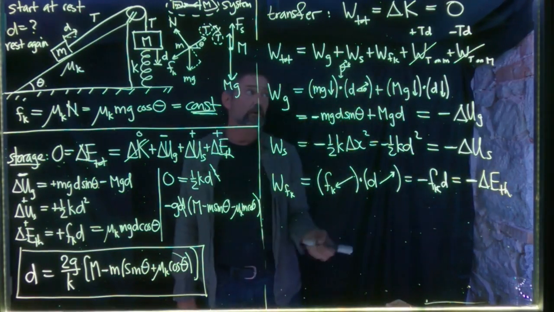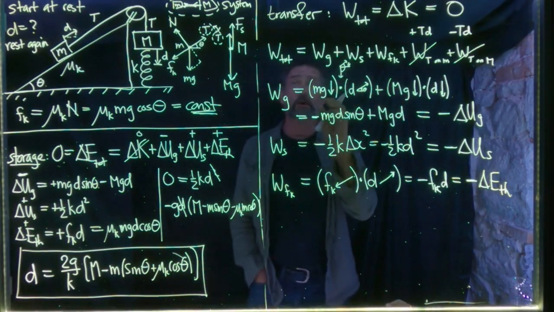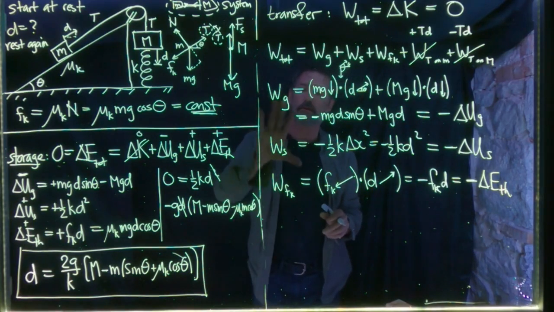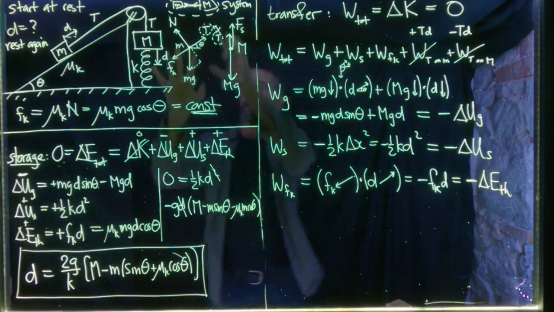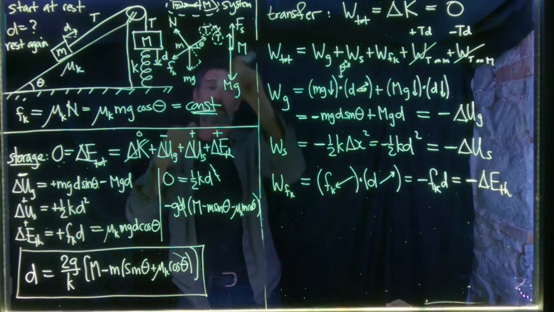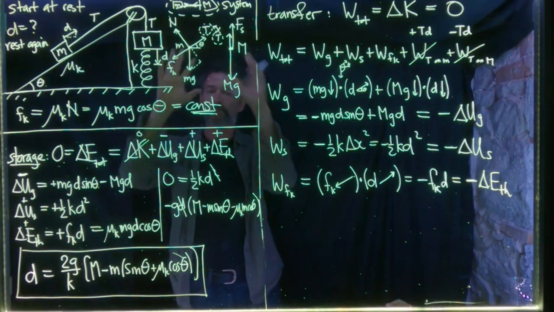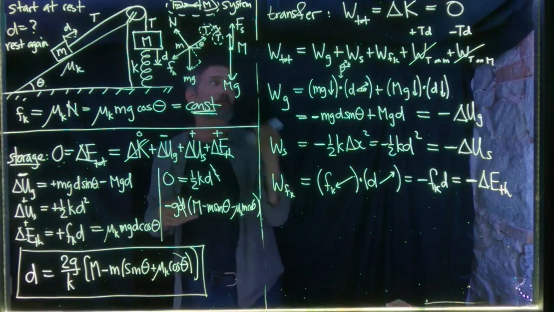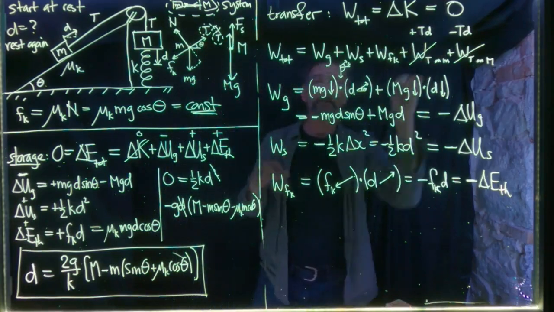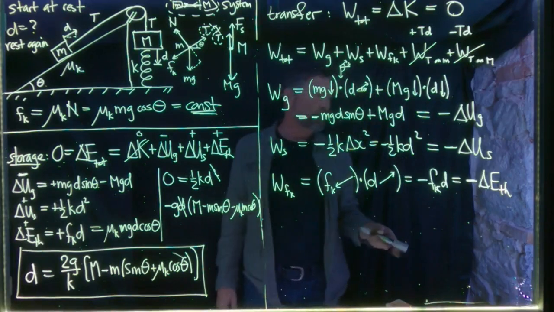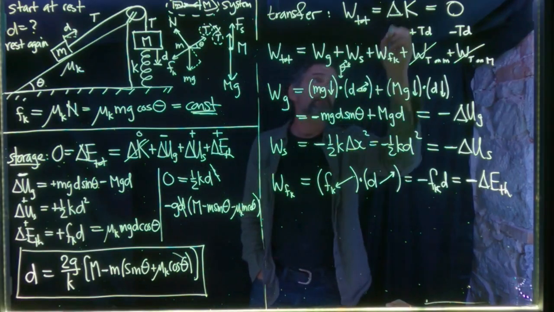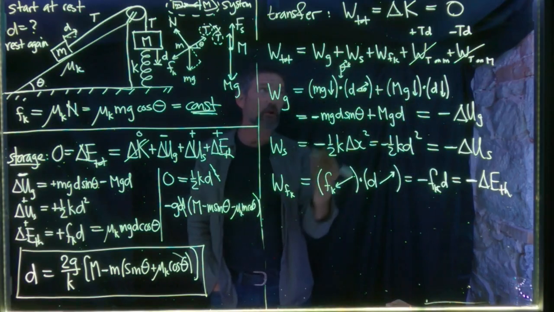Okay, very good. And so now we're trying to solve this problem using transfer of energy, and we're saying that all of these forces acting on these masses, as that guy moves up and that guy moves down, they all do work. They all transfer kinetic energy to this system. Now, of course, at the end of the day, the total transfer is zero because they start at rest and end at rest, okay? But let's just keep the change in kinetic energy not zero yet.